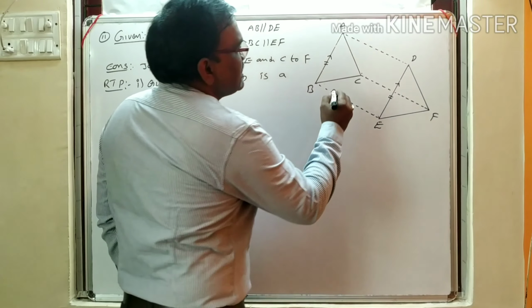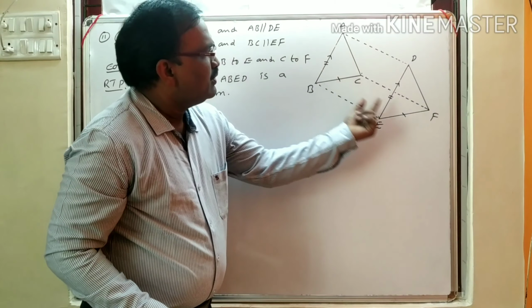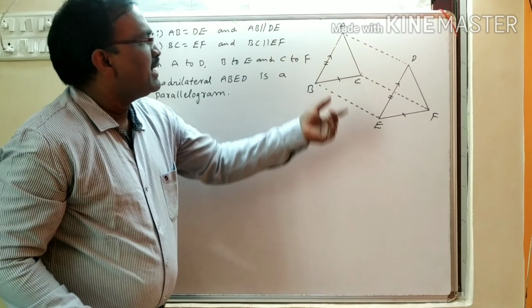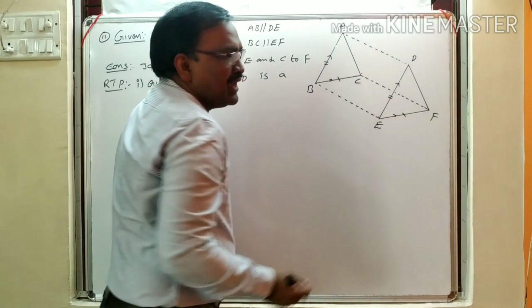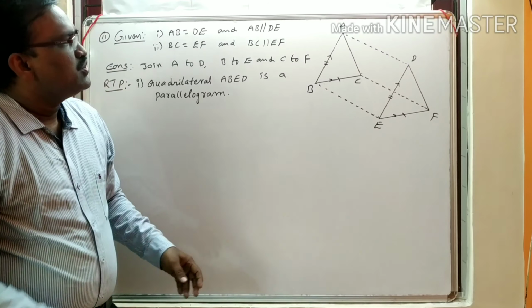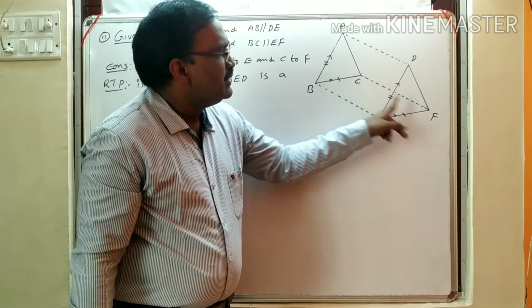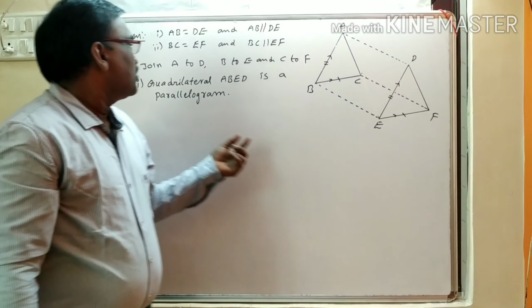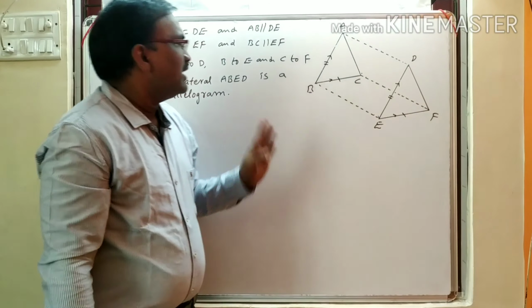BC, this length is equal to this length. BC is equal to EF and BC parallel to EF. These two also parallel. So join A to D, B to E and C to F. So prove that quadrilateral ABED is a parallelogram.